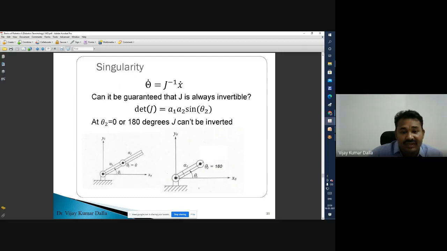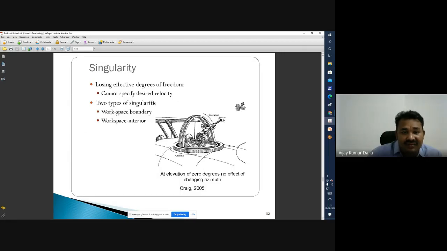So we get this, and the figures below show two conditions: in the first condition theta 2 becomes 0, and in the second condition theta 2 becomes 180 degrees. These kinds of singularities are known as the workspace boundary and the workspace interior.